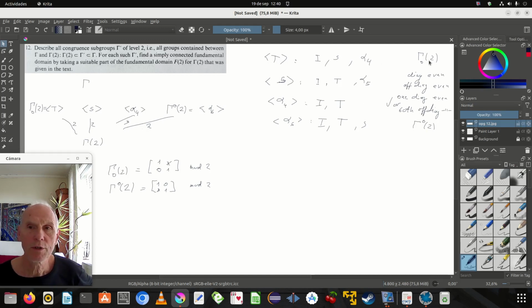This one, of course, is gamma naught of 2. This one, either the diagonal elements are even or all the off-diagonal elements are even. That was S and unity. And then alpha 4 generates alpha 4 and alpha 5.